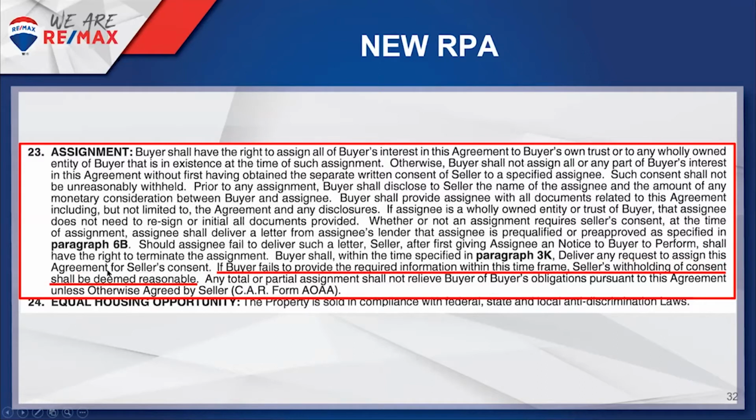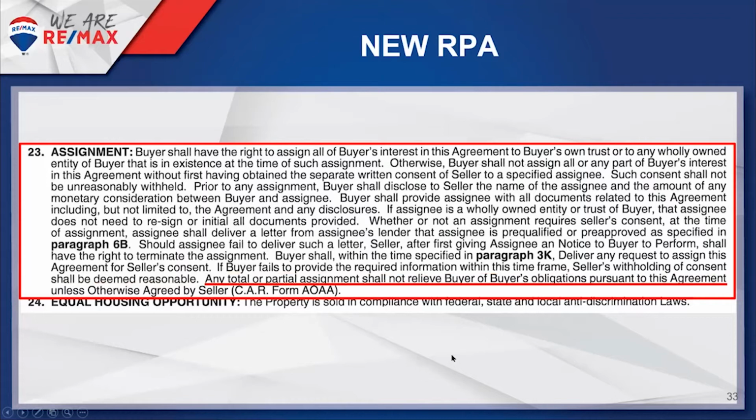It just causes too many problems for a seller, quite frankly, and listing agents and escrows as well, to have these last minute, day before escrow closes type assignments. So if it's not within that time frame specified in paragraph 3K, then the seller could withhold approval of the assignment. Doesn't necessarily have to, but he could.